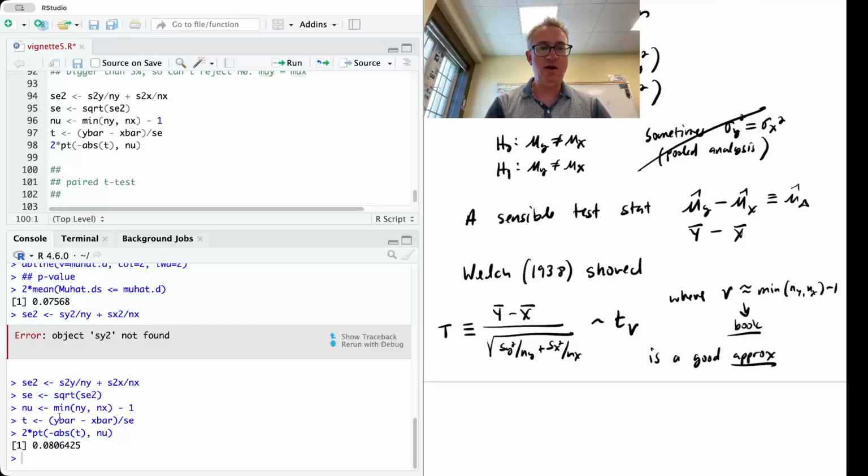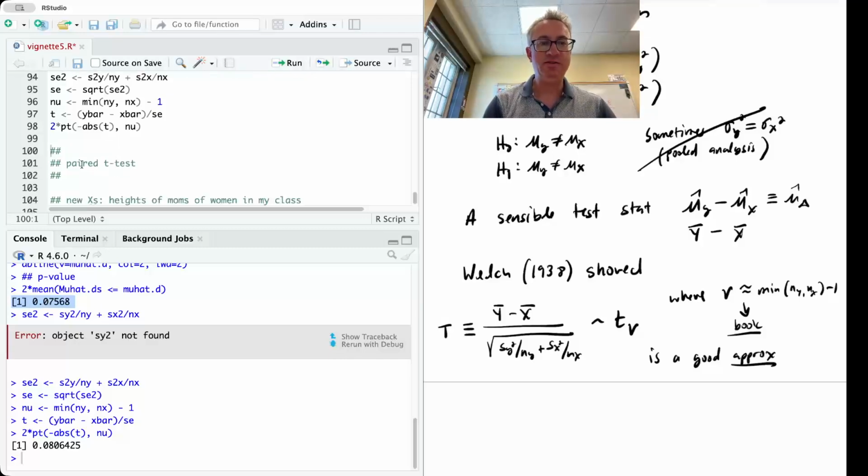So you can see how this value that we calculated using the Welch test is very similar. In fact, they round to the same 100th place as the simulation that we did. So that's called the Welch test, or it's one variation on a 2-sample t-test.